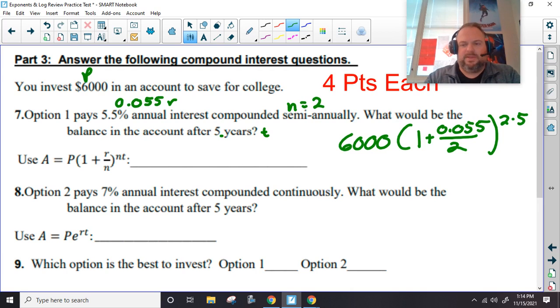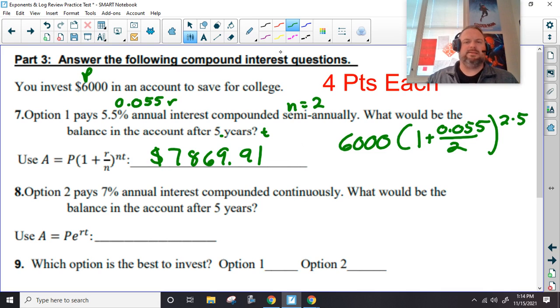I always start with the little fraction thing first and move out from there. So this actually ends up being $7,869.91.